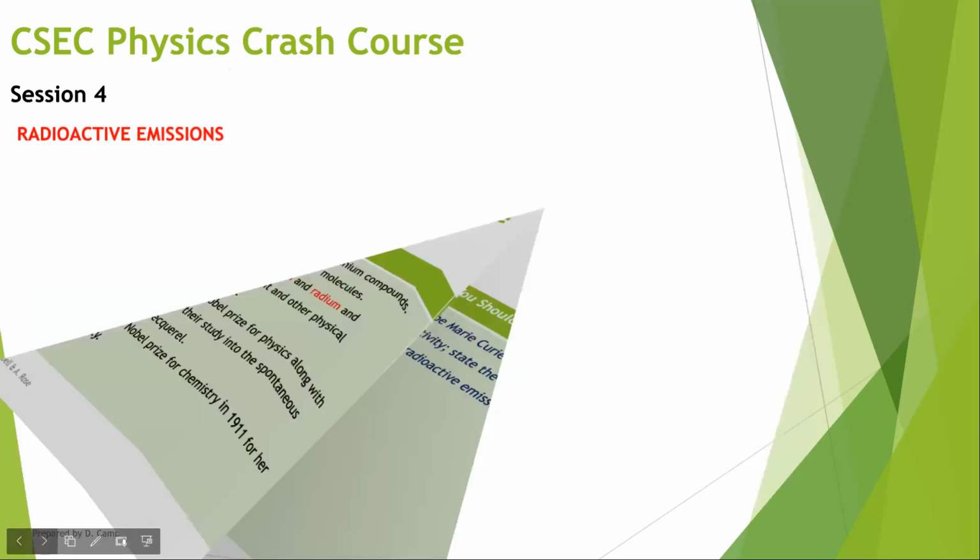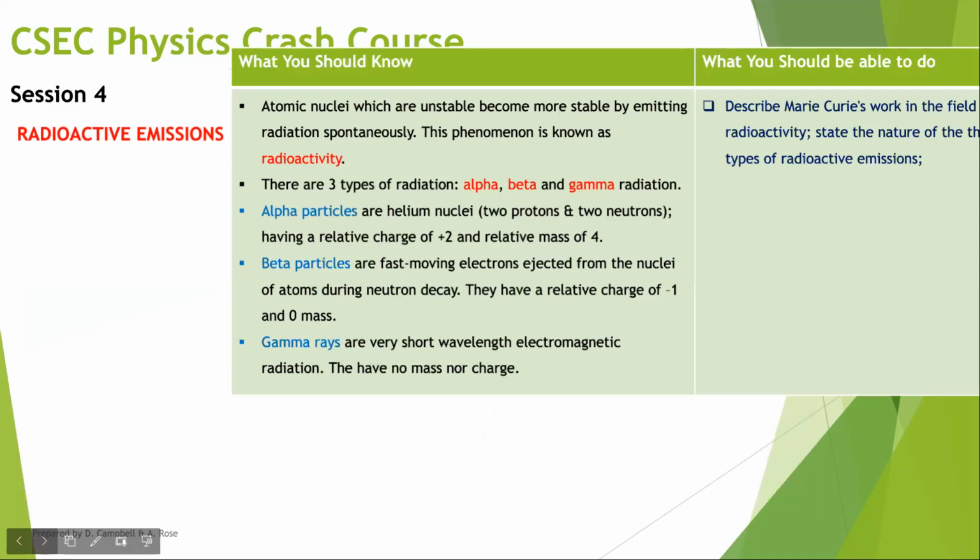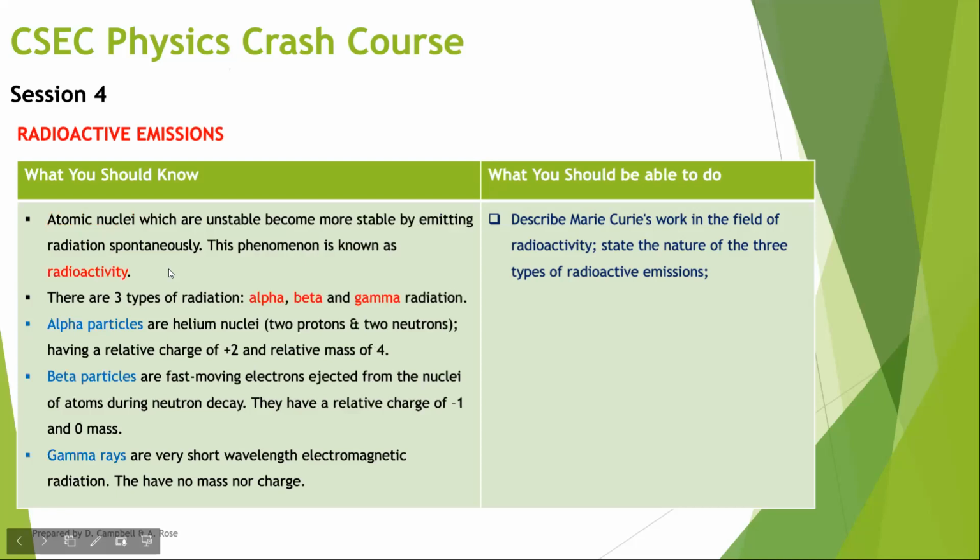Now we look at the different types of radiation and how they are produced. We mentioned that the nuclei of atoms can be unstable if they have too many neutrons or too few neutrons. In trying to become stable, the nuclei emit radiation, and they do so spontaneously, in a random way.